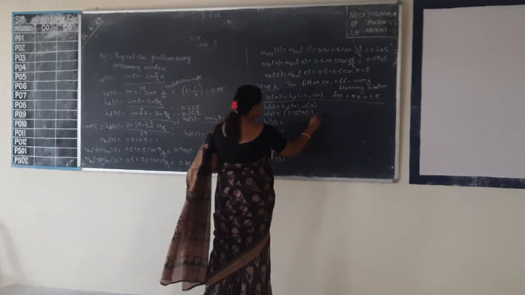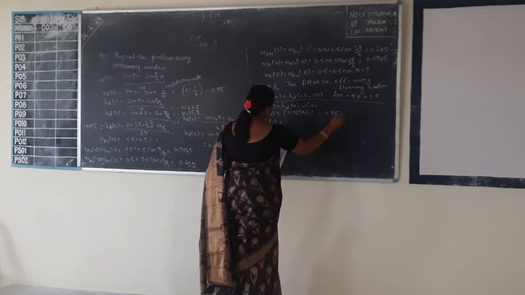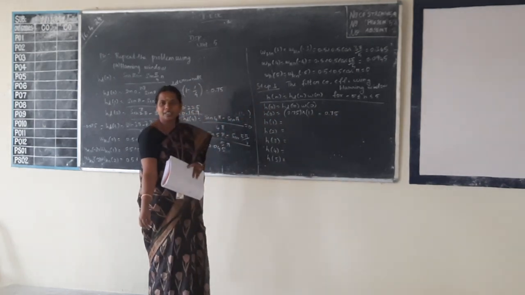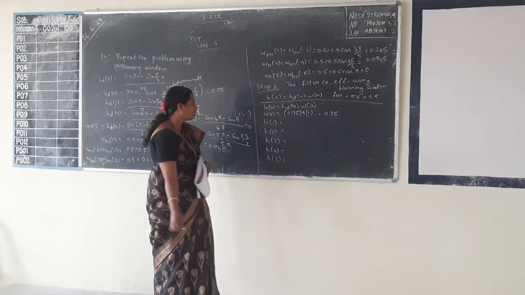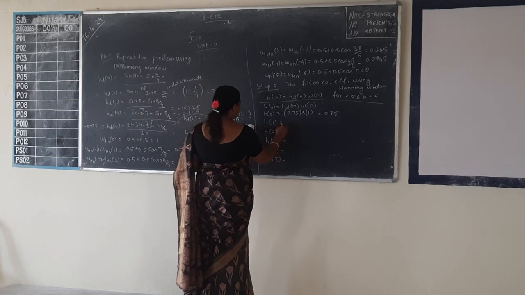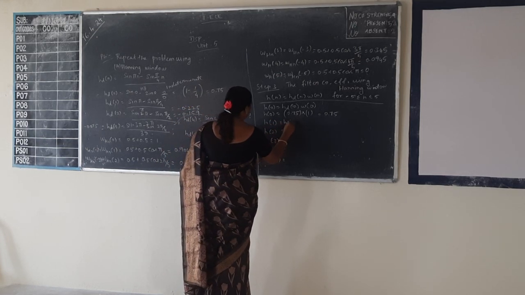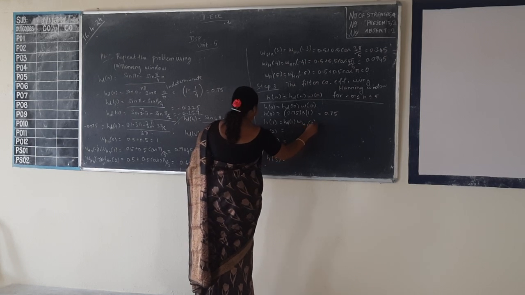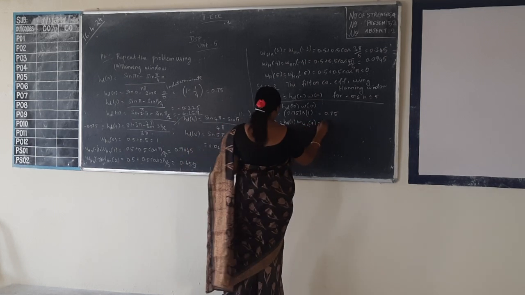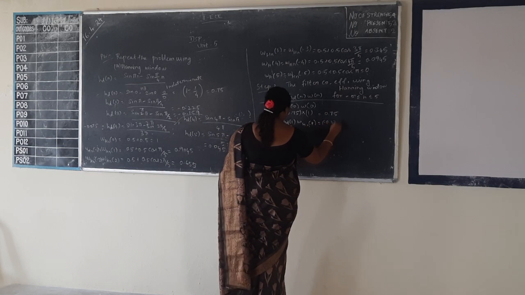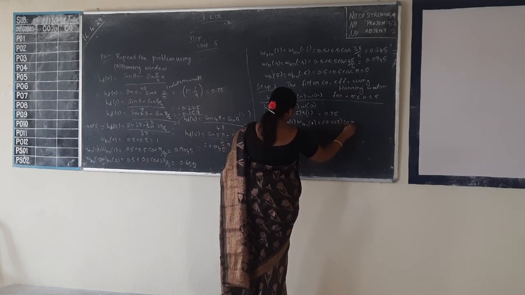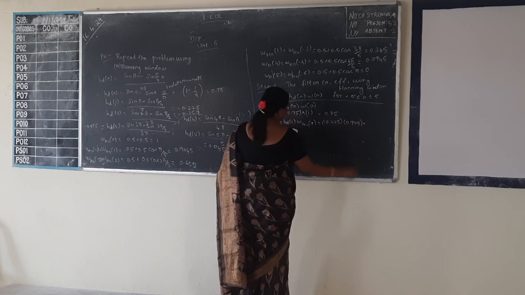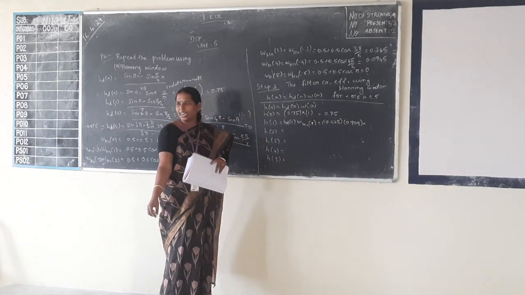The first one is 0.15. So h of 1 into WHN of 1. So h of 1 is minus 0.204 right here.